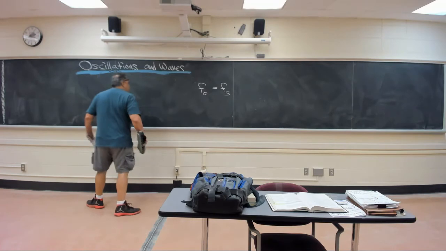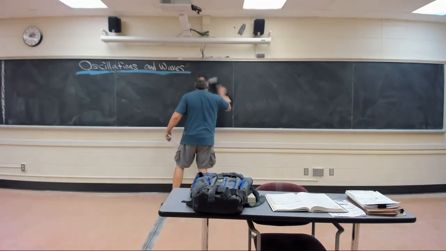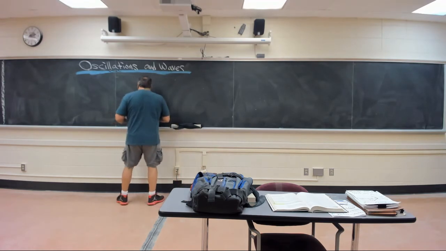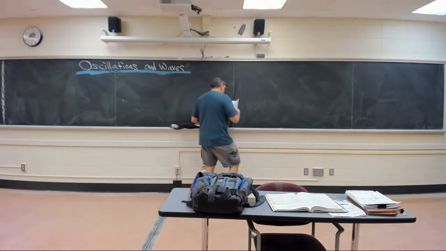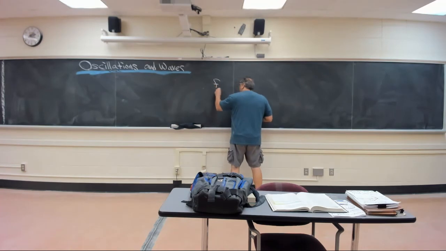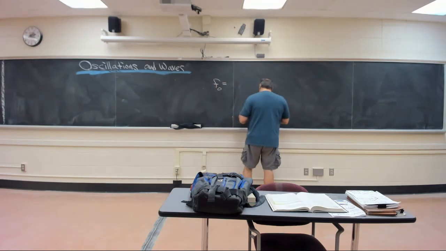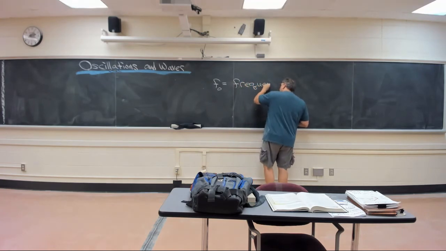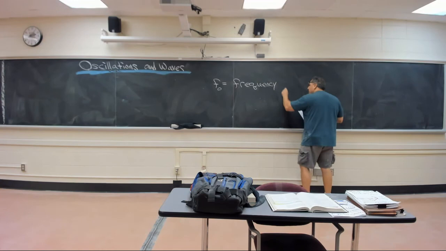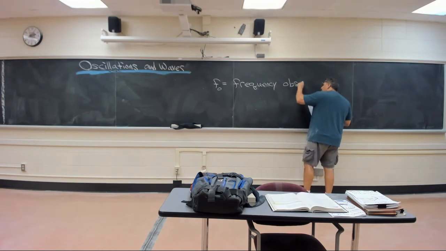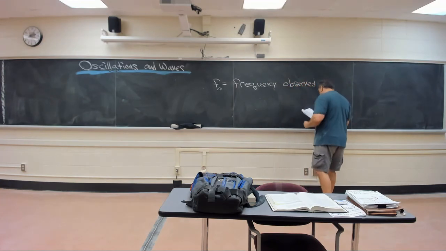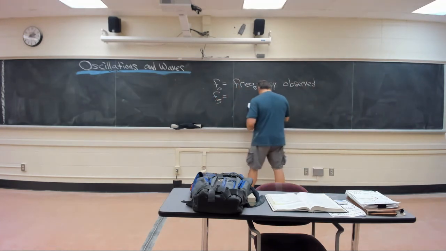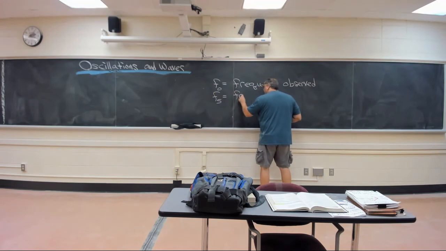Well, there's a number of things you can say, guys. Let me see where I'm going to write this. FO equals frequency observed. FS equals frequency of source.